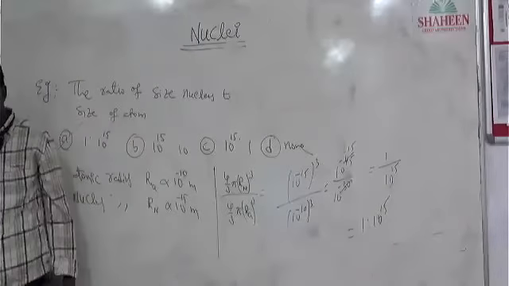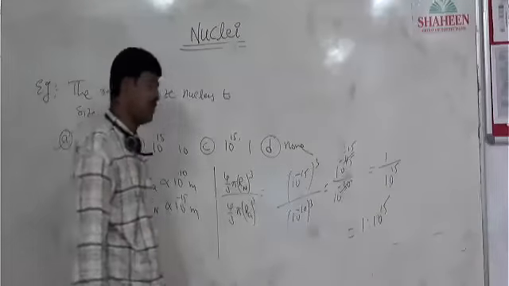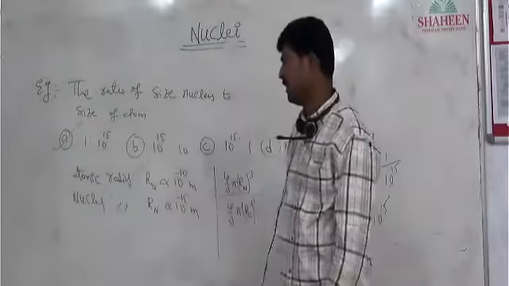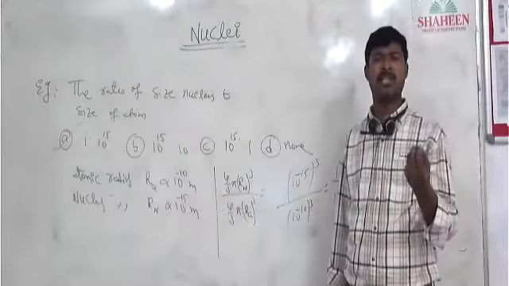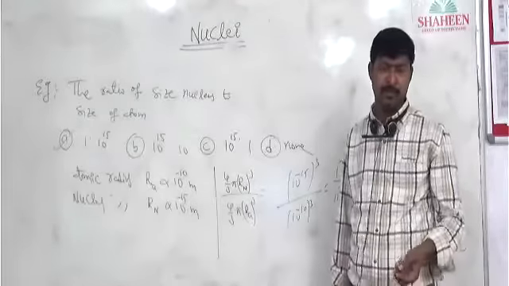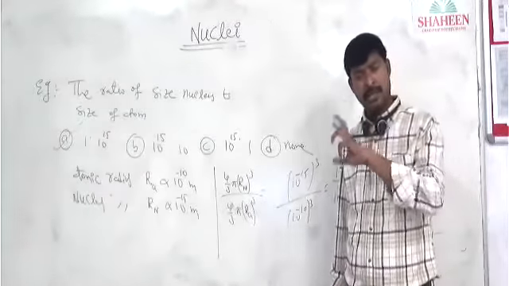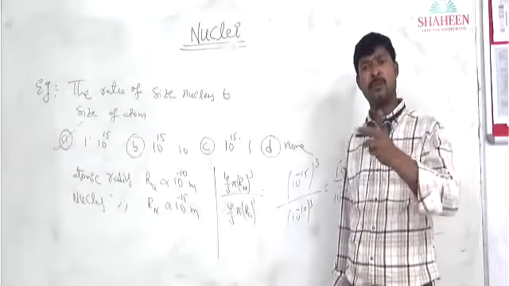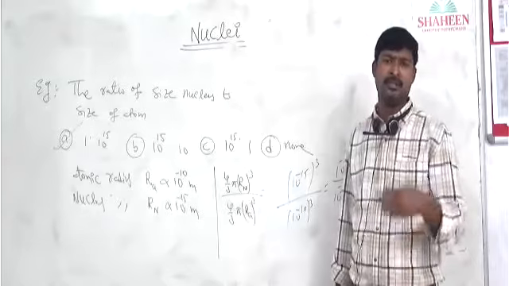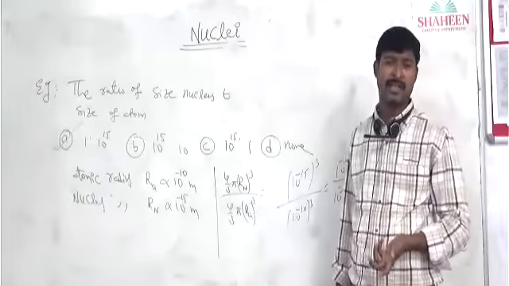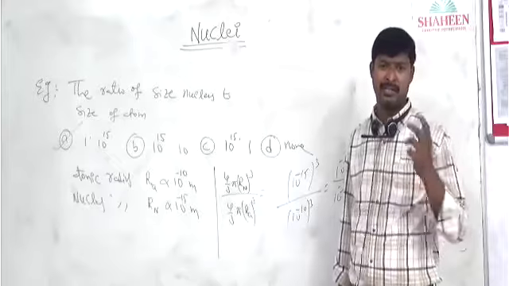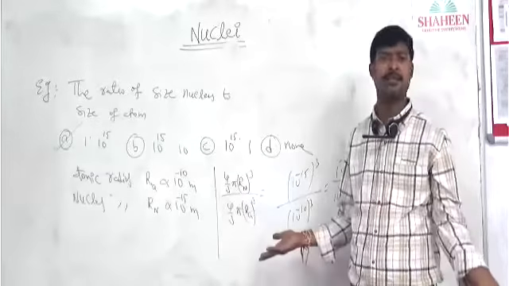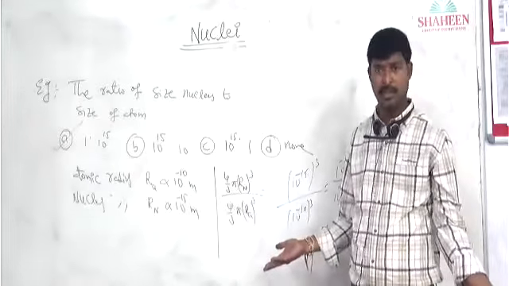Clear? Size of nucleus to size of atom is 1:10 to the power of 15. Obviously the size of the atom is greater, because the radius of the atom is 10 to the power of -10 meter and the radius of the nucleus is 10 to the power of -15 meter. Atomic radius is much greater than the radius of the nucleus, so obviously the size is also much greater.